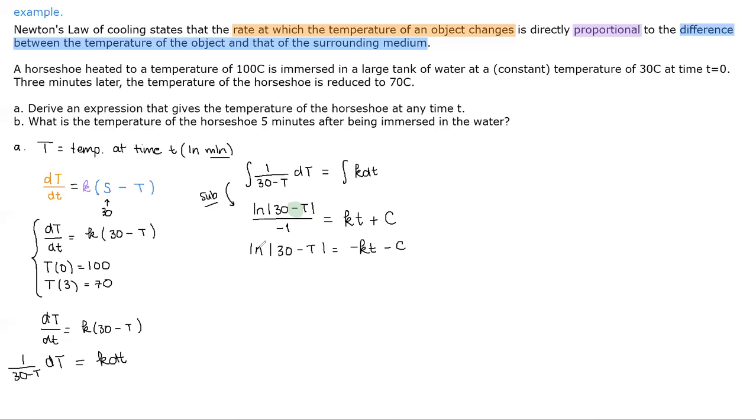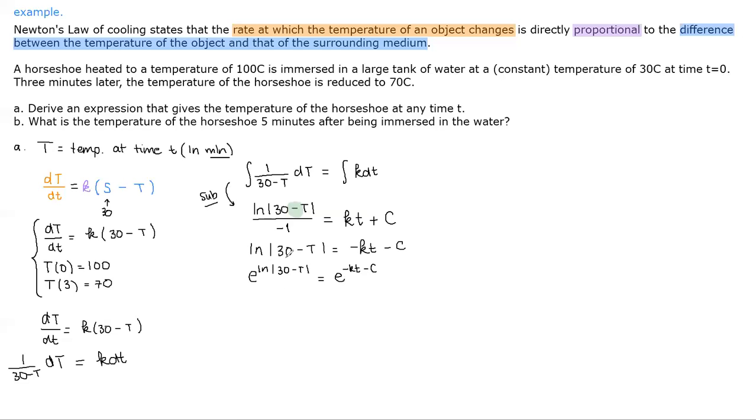Then we're going to have to isolate the value of capital T, but that is inside a logarithm. And so if I want to get the inside of the logarithm, I know that I'll have to put both the left-hand side and the right-hand side on the exponent of e. So I'm going to have e to the power of ln(30 minus T) on the left, and this is going to be equal to e to the power of minus k times t minus c.